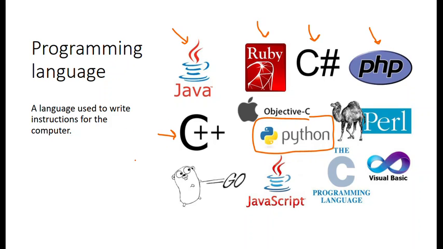Now, another thing to know is that most of these languages are similar in the core concepts or the building blocks they all use in order to write the different programs, with slight differences in the syntax or the rules that we follow to write these instructions. Again, they all share the same core concepts, but they differ in the rules used to write the different programs with these languages. All right.